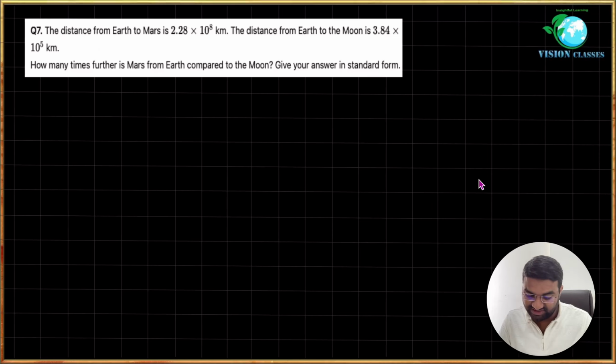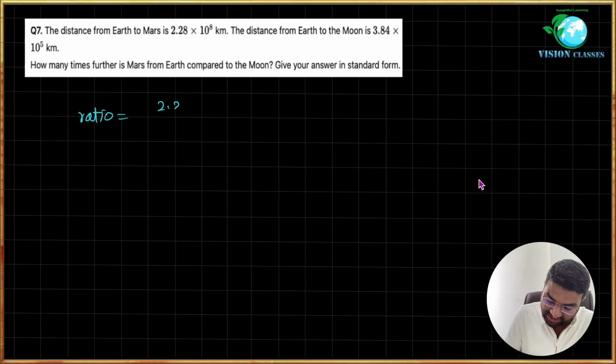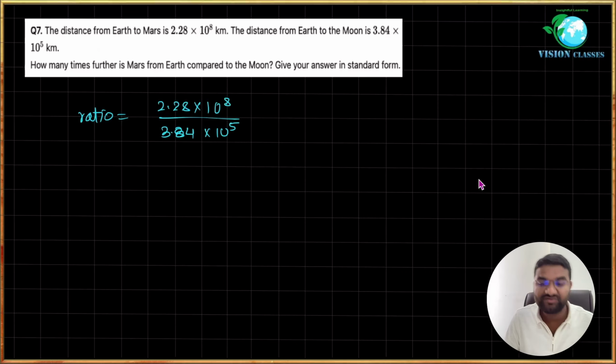So here the distance from the Earth to Mars is given, which is 2.28 times 10 to the power of 8, divided by the distance from the Earth to Moon. Ratio we have to take, which is 2.28 times 10 to the power of 8 divided by 3.84 times 10 to the power of 5, and convert in the standard form.